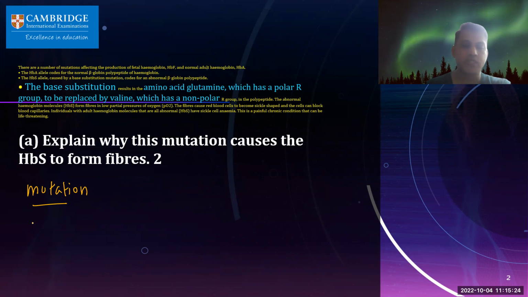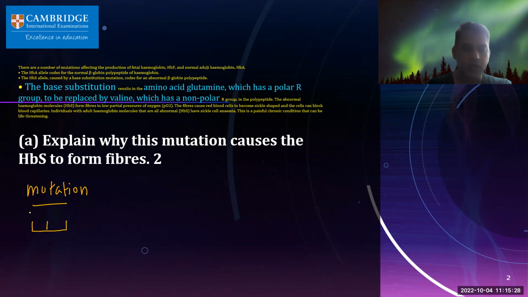Example, let's assume this situation. Here there is a codon A, C, T. ACT is a normal DNA molecule, and it codes for one amino acid.